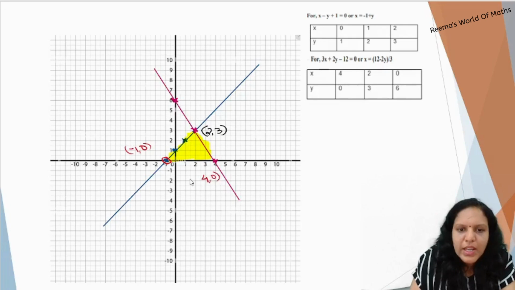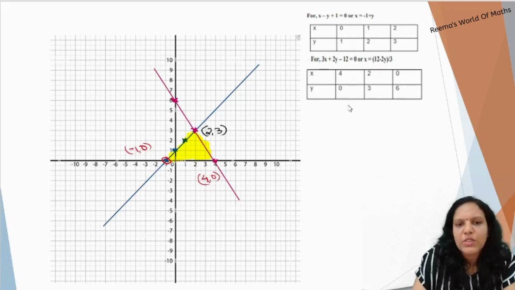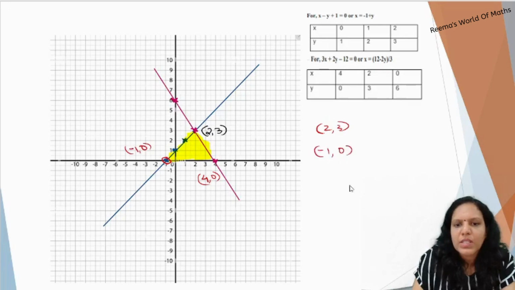So the coordinates of the triangle formed are 2 and 3, then minus 1 and 0, then 4 and 0.